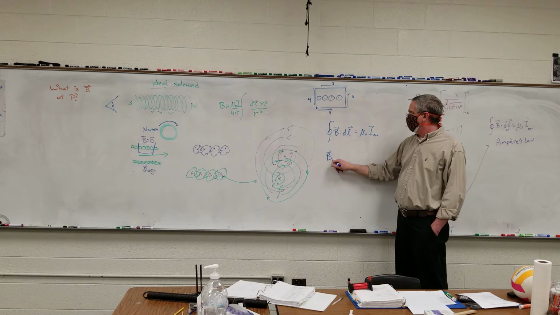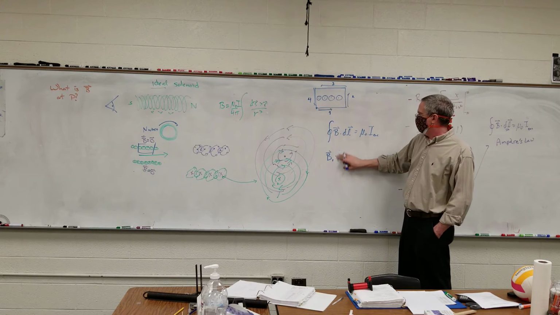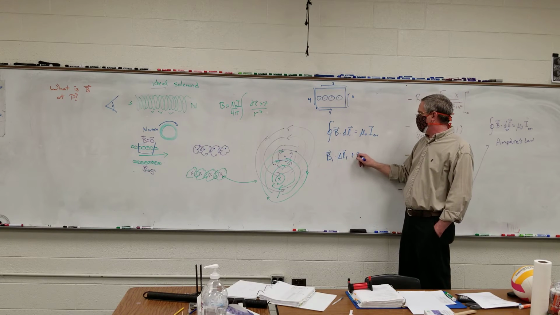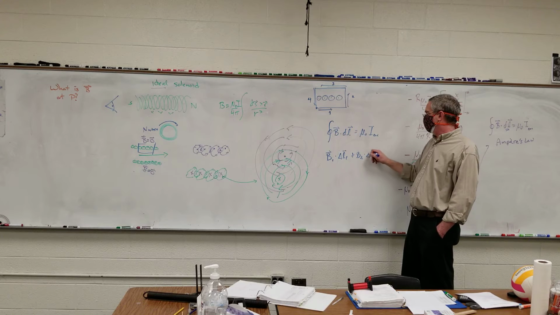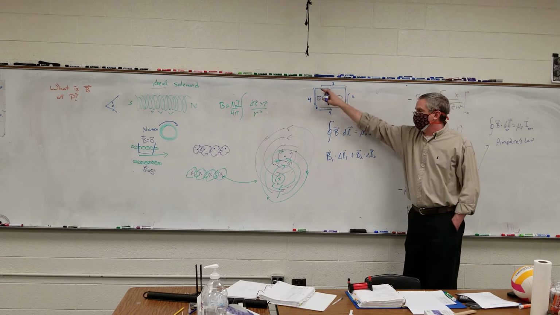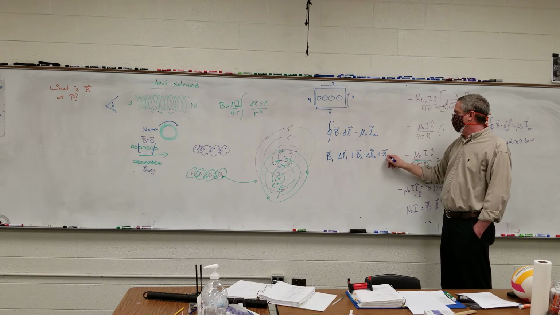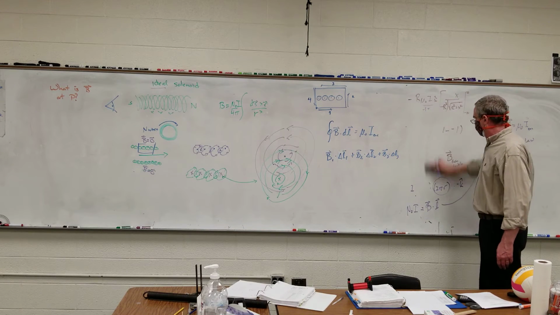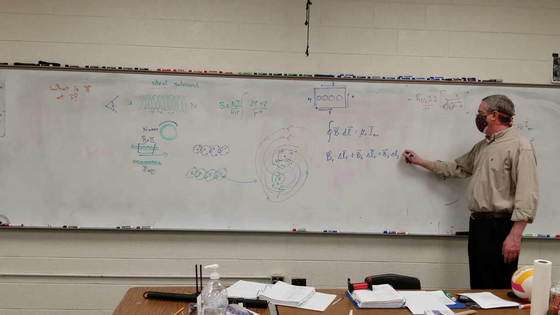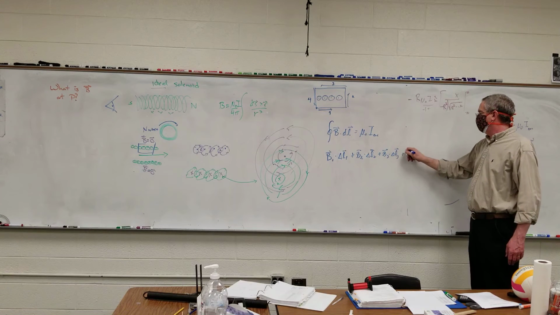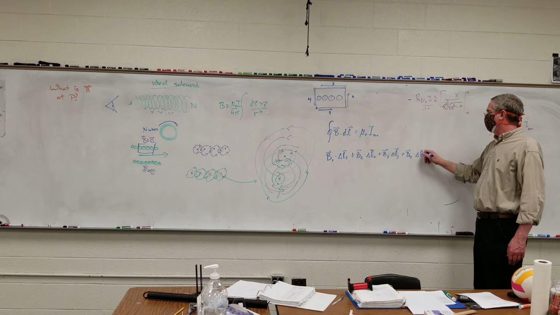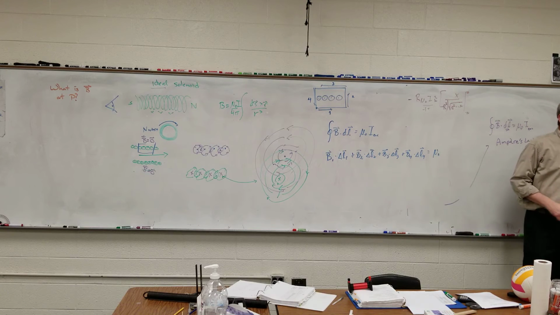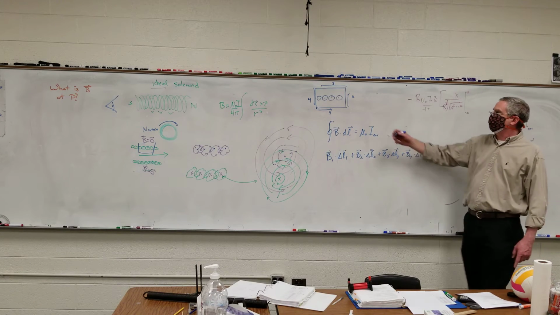So B1 dot, well, in essence, delta L1 plus B2 dot delta L2, and then plus B3 dot delta L3 plus B4 dot delta L4. It's going to be equal to mu naught times whatever my current is flowing out or flowing through my loop.